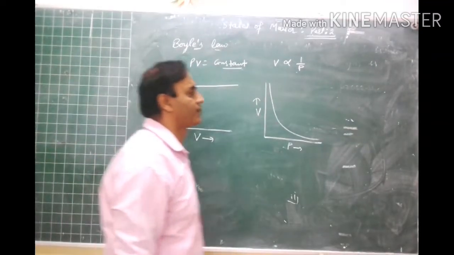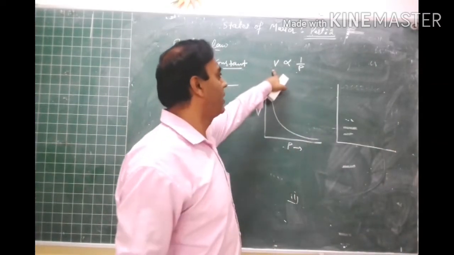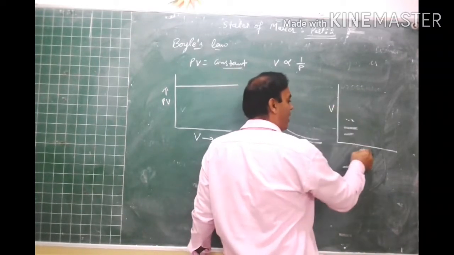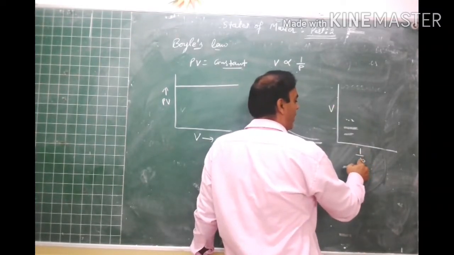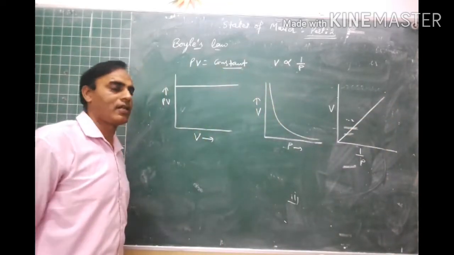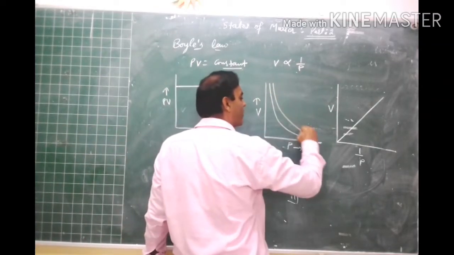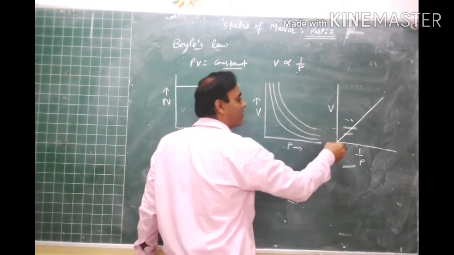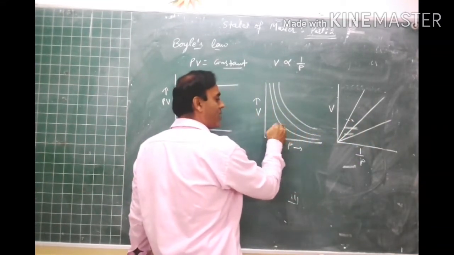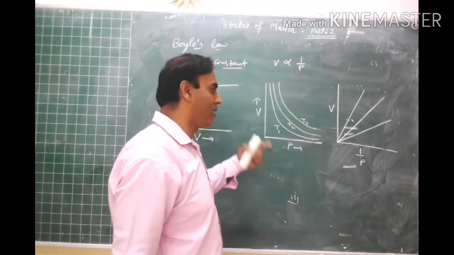Now next is V is directly proportional to 1 upon P. So if I write here V and here 1 upon P, you will get a straight line like this. You will get a straight line, and at different temperatures you will get different types of curves like this. These are at different temperatures. Suppose this curve is at T1, this curve is at T2, and this curve is at T3 temperature.